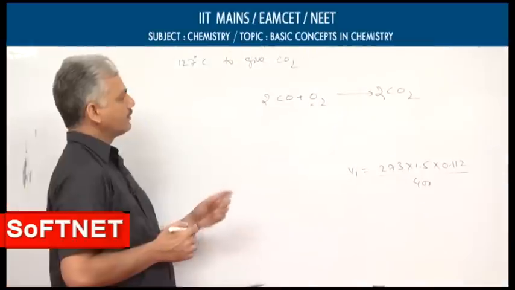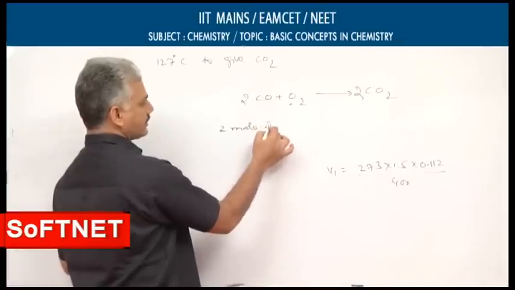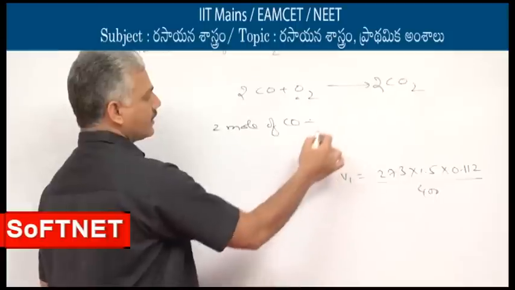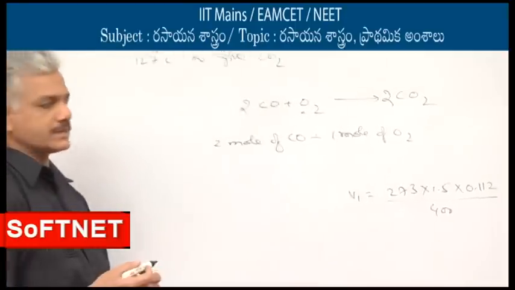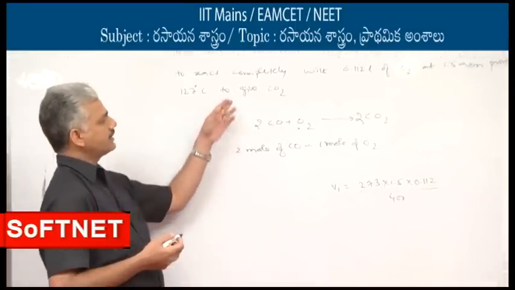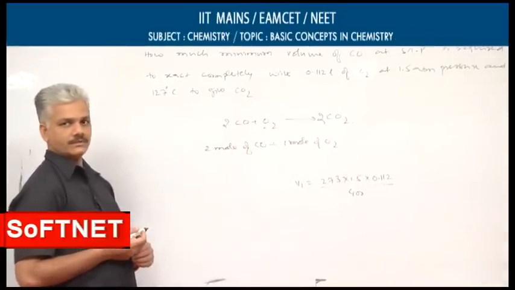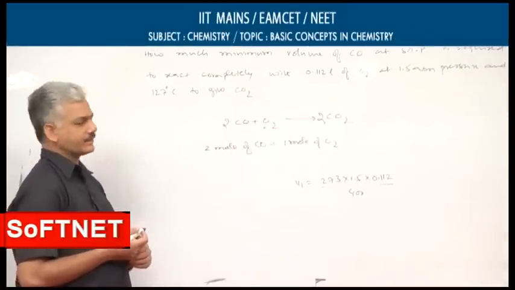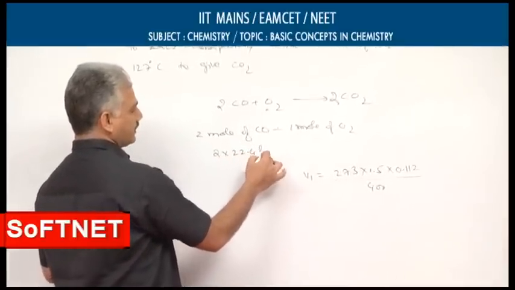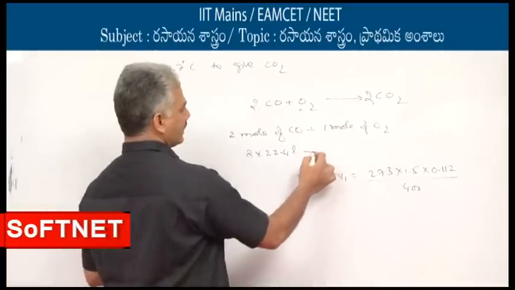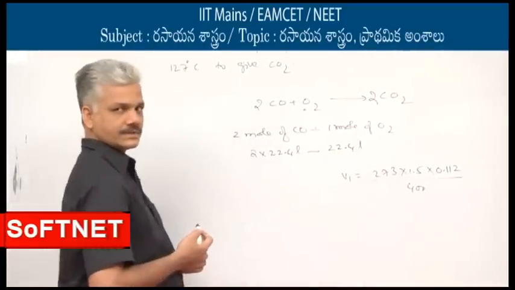Now, coming to the molar relation, 2 moles of carbon monoxide can react with 1 mole of oxygen to give 2 moles of carbon dioxide. As the calculations involved volumes, these number of moles are to be converted into volumes itself. 2 moles of carbon monoxide volume will be equal to 2 into 22.4 liters and 1 mole of oxygen's volume will be 22.4 liters.